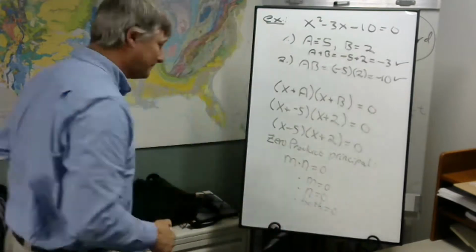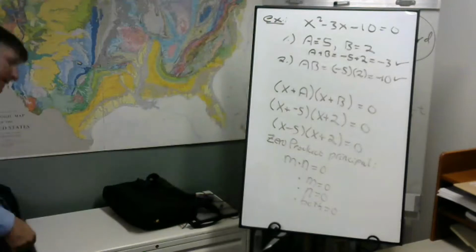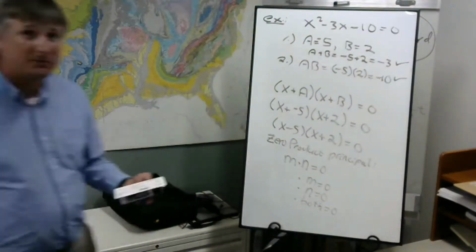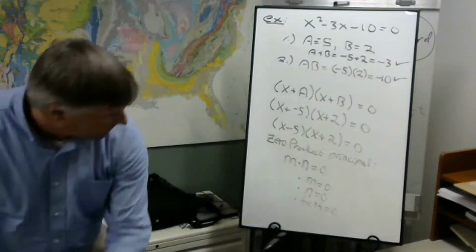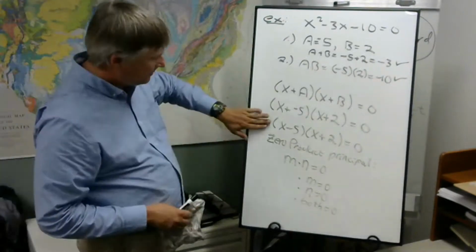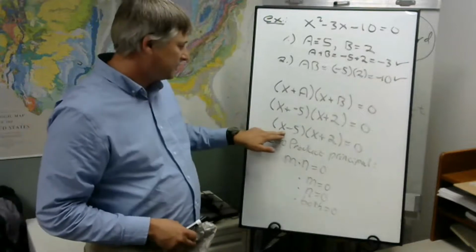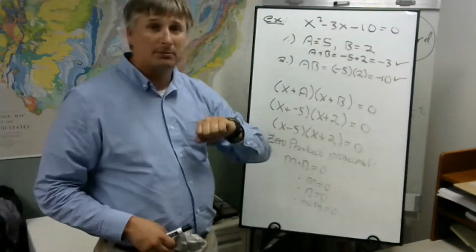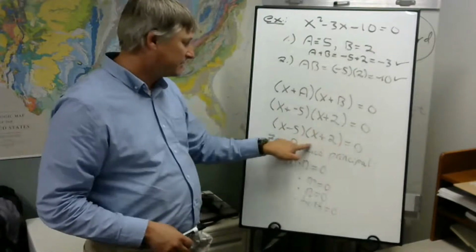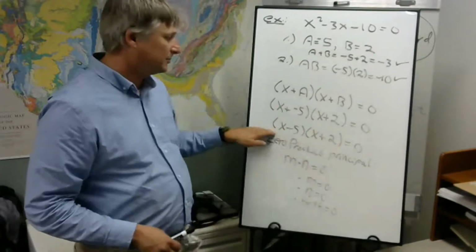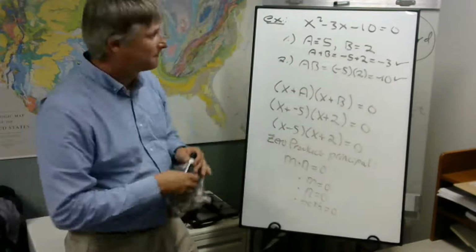The point is, anything times 0 is going to be 0. So when we take a look at this, if this is 0, then the whole thing becomes 0, which is what we want. Or if this becomes 0, then the whole thing becomes 0, again, what we want.